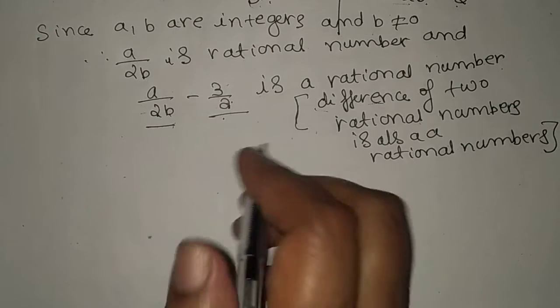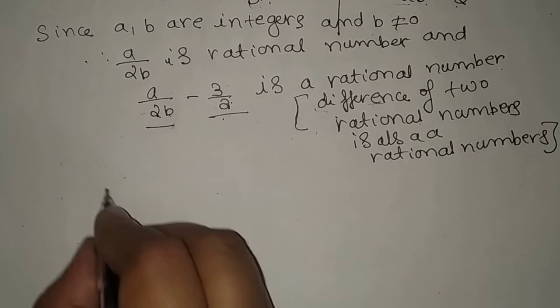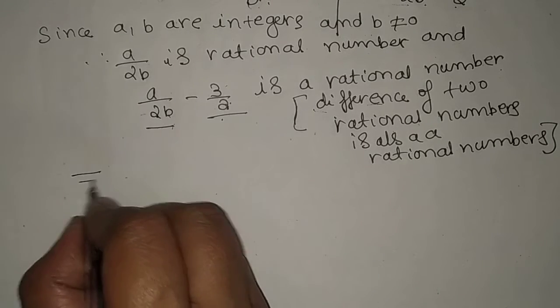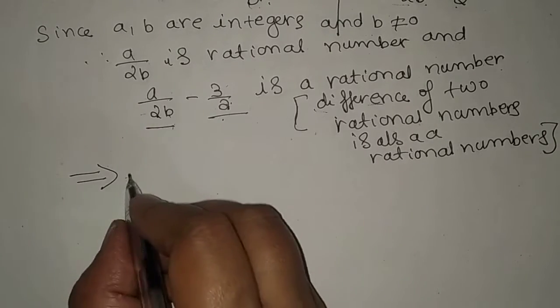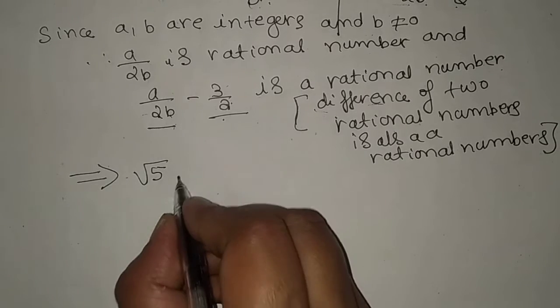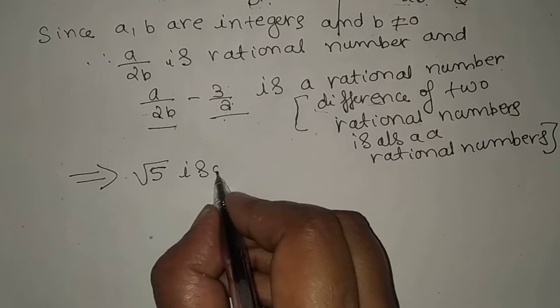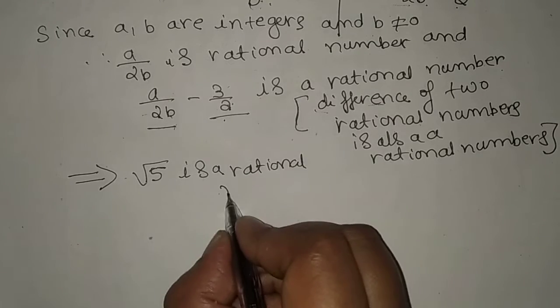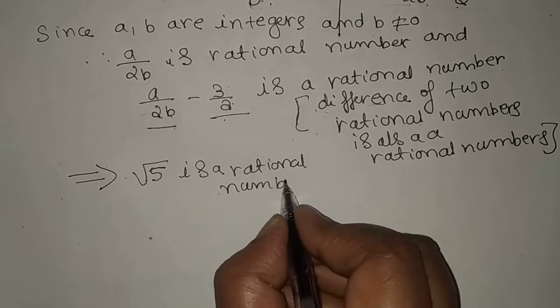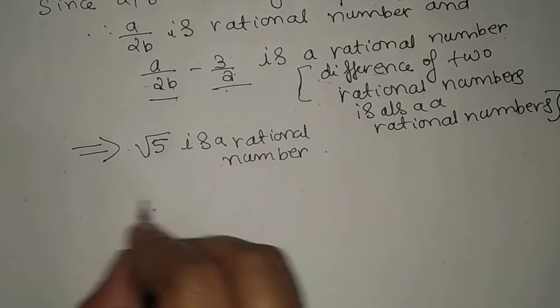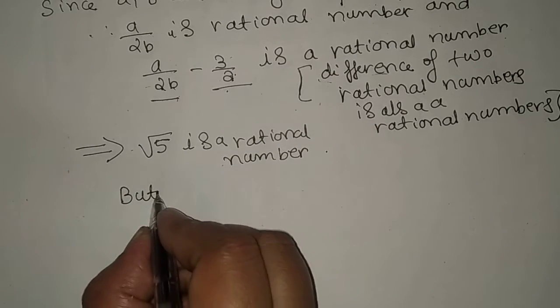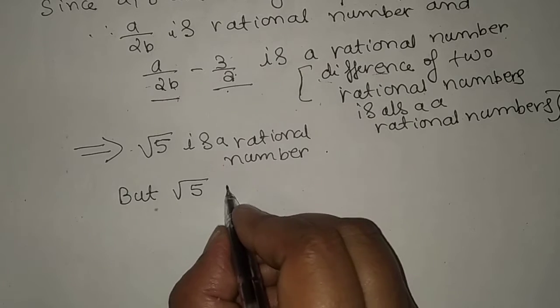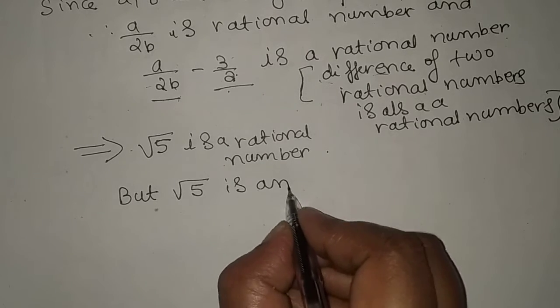So after this, on the other side we have root 5 is a rational number. But we know root 5 is an irrational number.